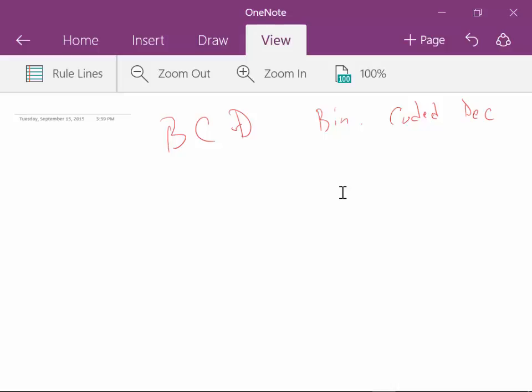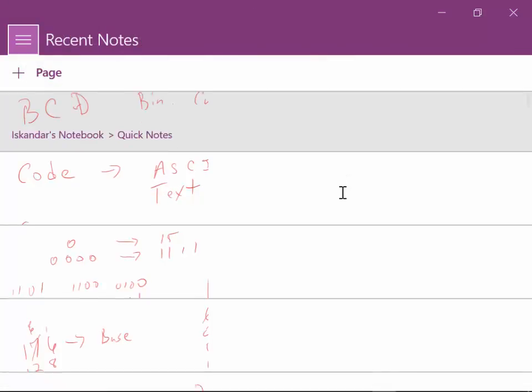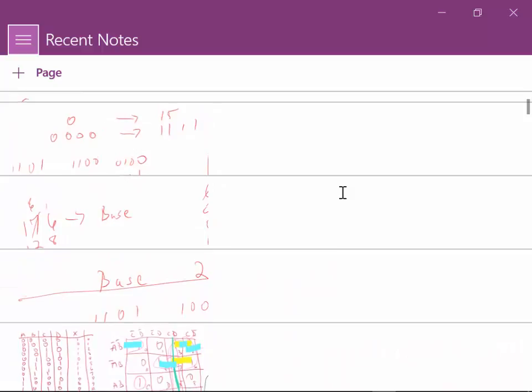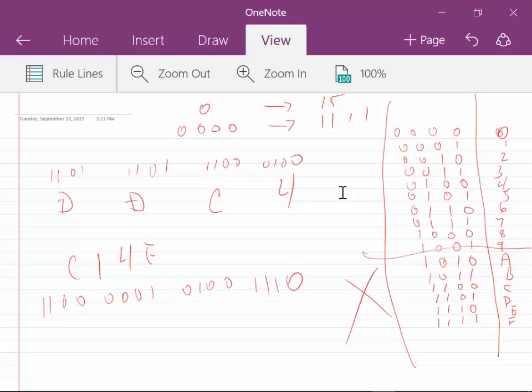Now, binary coded decimal is basically this table here, and we chop it off at 9.